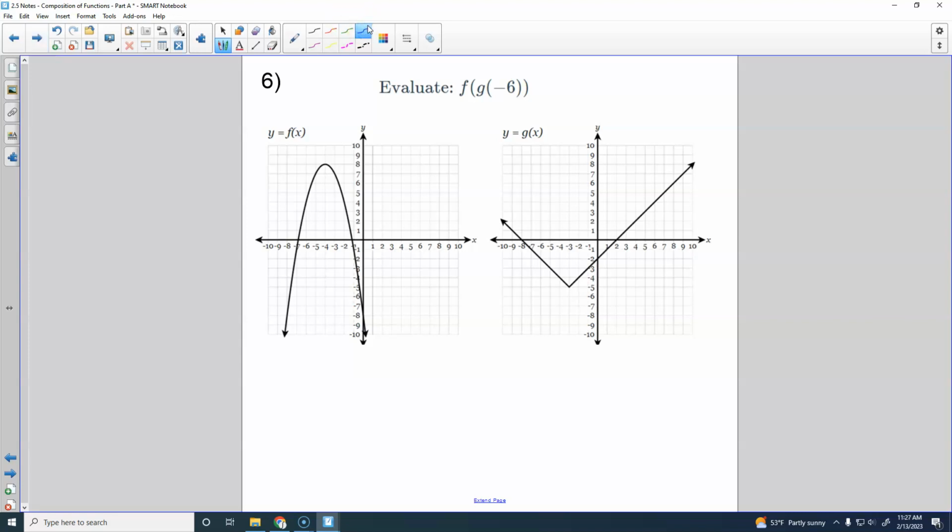You're asked to evaluate f of g of -6. So it is written like this here. I can't remember if Delta Math ever gives you this other notation, but let me write it just in case you see. Sometimes it will be like this, f, a little open circle, g of x.